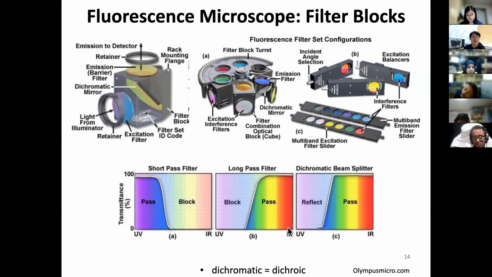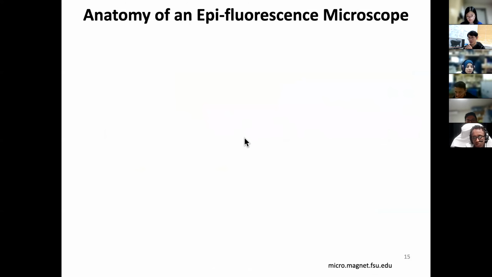Usually fluorescence light is longer, so you use a long pass filter. But in the middle, you have to direct your excitation light, so it works like a reflection. It's different from the others: it reflects, and longer wavelengths pass through. That we call a dichroic or dichromatic beam splitter.